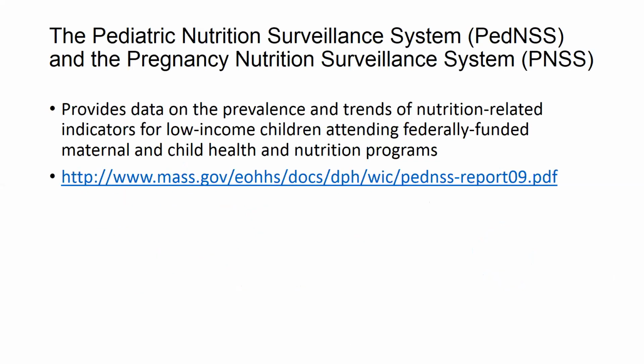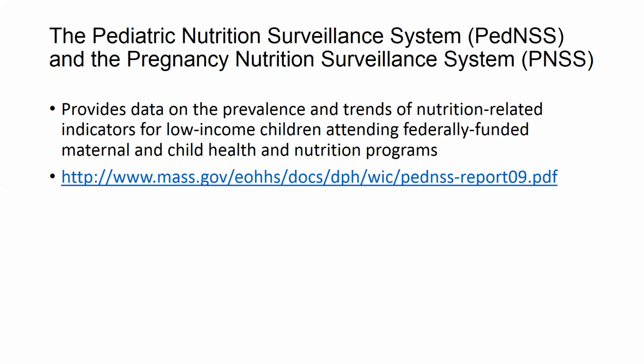So the first 2, the Pediatric Nutrition Surveillance System and the Pregnancy Nutrition Surveillance System, look at the prevalence and trends of nutrition-related indicators for low-income children attending federally funded maternal and child health and nutrition programs. So the 2 biggest ones would be WIC and Head Start programs, which is a preschool program for lower-income children.